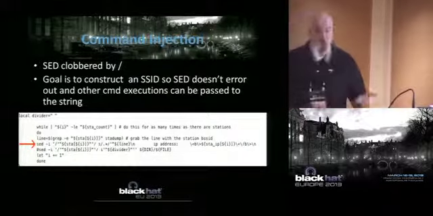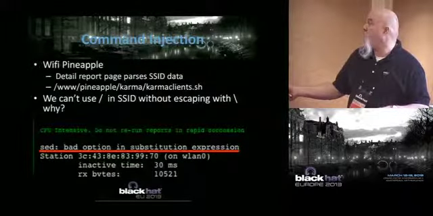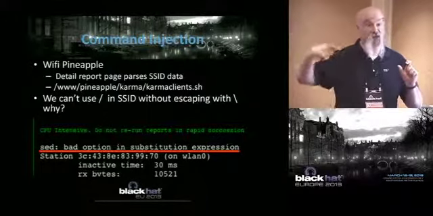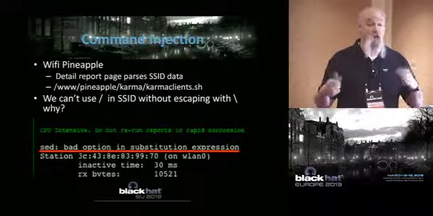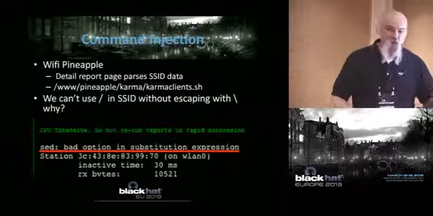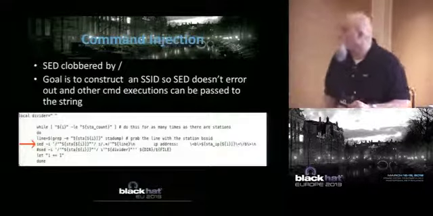Now, I was able to get this to fully function when I ran the Karma client SH from the command line using live SSID broadcast information. I was able to build one that worked. But when I ran it through the web interface, it didn't work. So I need to figure out why that's taking place.